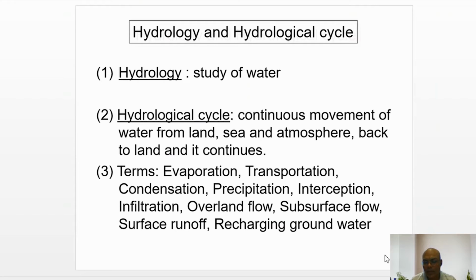So this water vapor is generated at the land and vegetation and water bodies, oceans, and this water vapor is transported from one location to another.